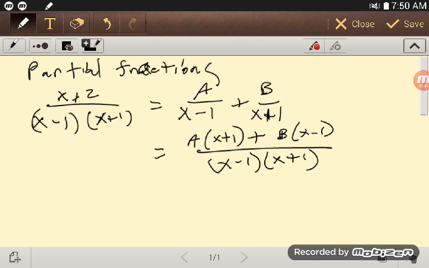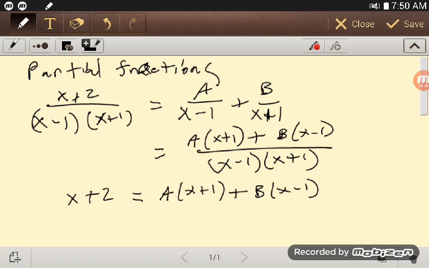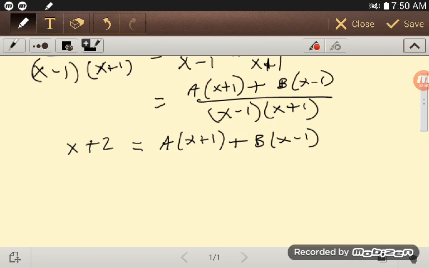And so now that we've got these two fractions, the denominators are exactly the same, and so the numerators must be the same. So we have that x + 2 has to equal A(x + 1) + B(x - 1). And there are various ways to now find A and B.